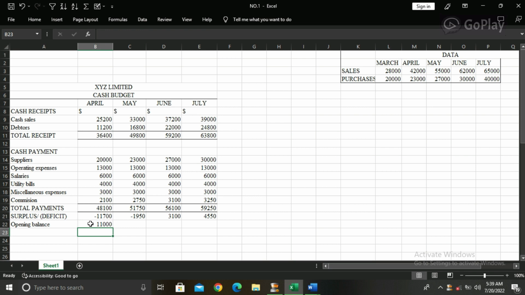Now, after adding the opening balance, then we have the closing balance. The sum of the two will give you the closing balance. So I'm going to use my Excel to sum these two. So the closing balance here is minus 700.